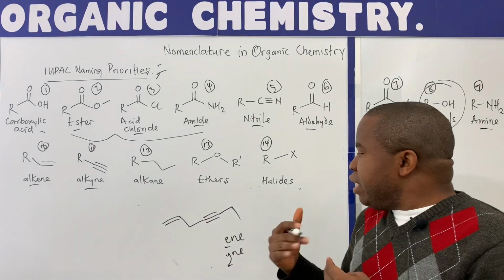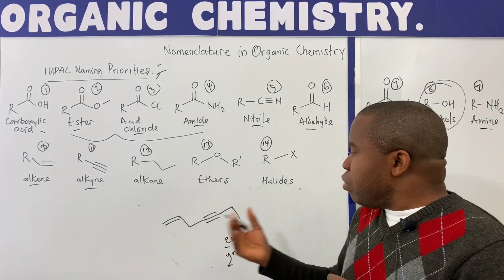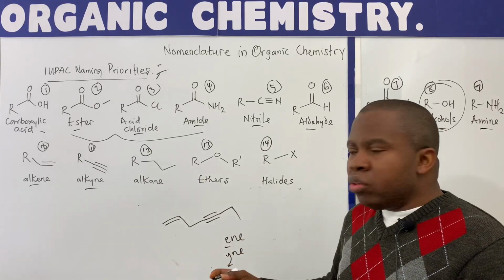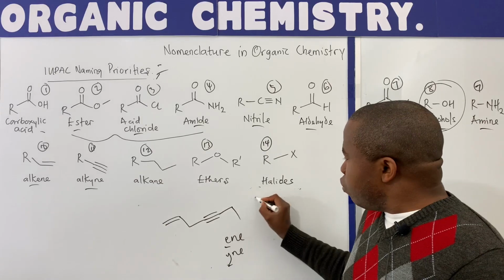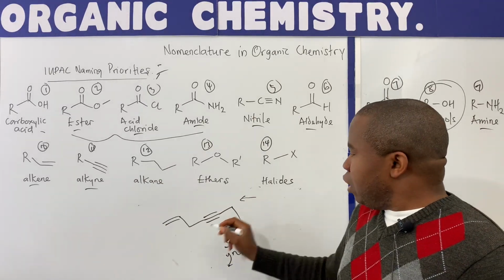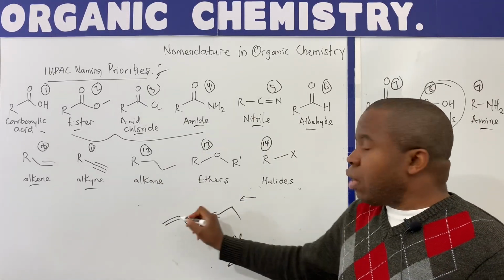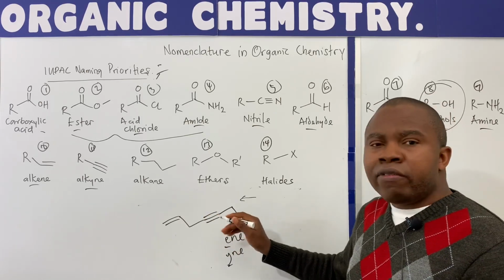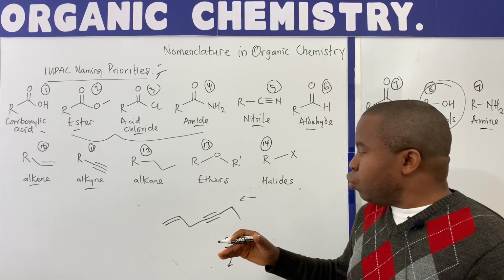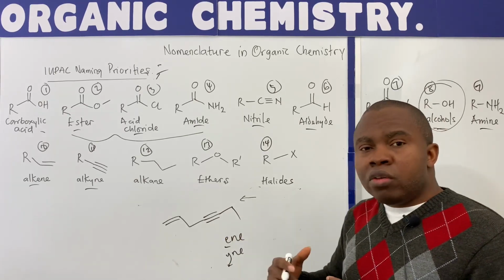But the way we name it depends on which one is the terminal. So we're not going to follow this direction, because if we follow this direction, it's going to give the unsaturated bonds big numbers, which we really don't want. We want the smallest numbers possible.